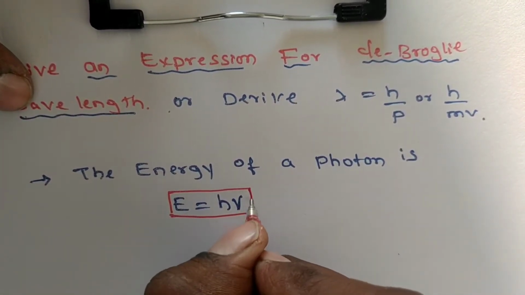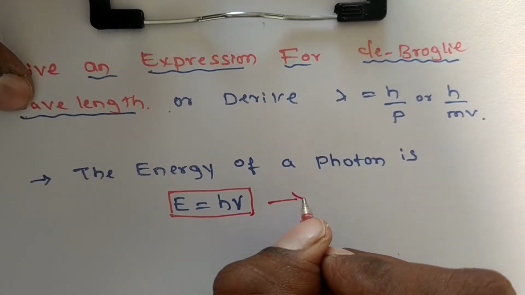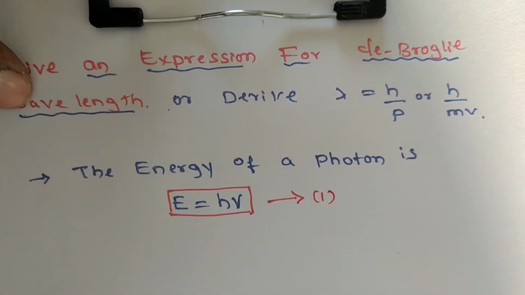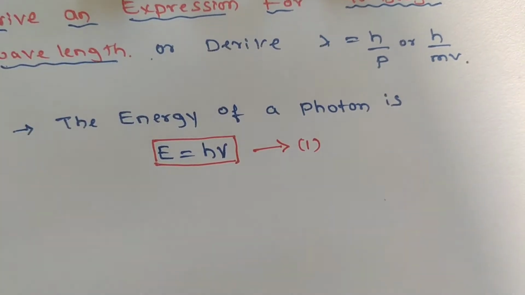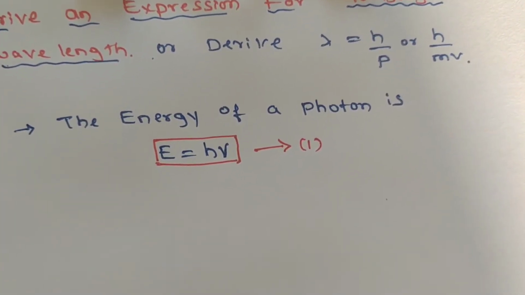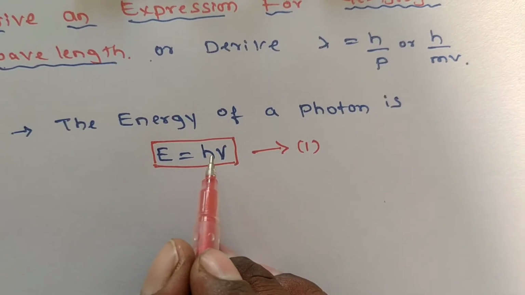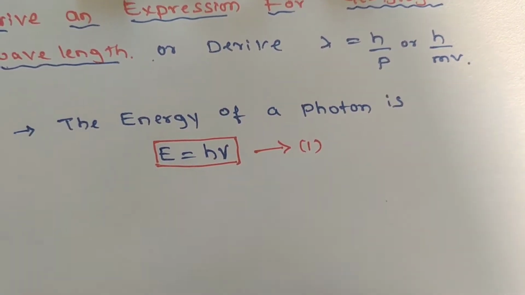We call this photon energy. I am going to consider this as equation number 1. E means energy, h Planck's constant, nu frequency.